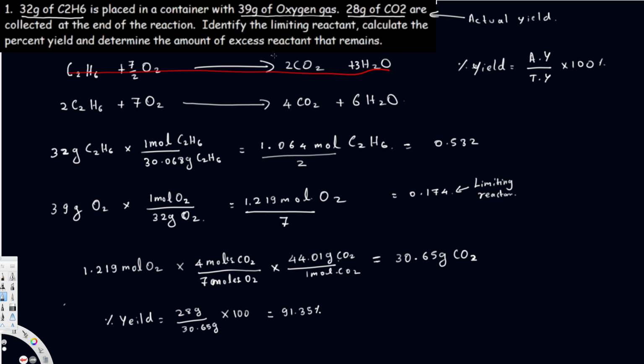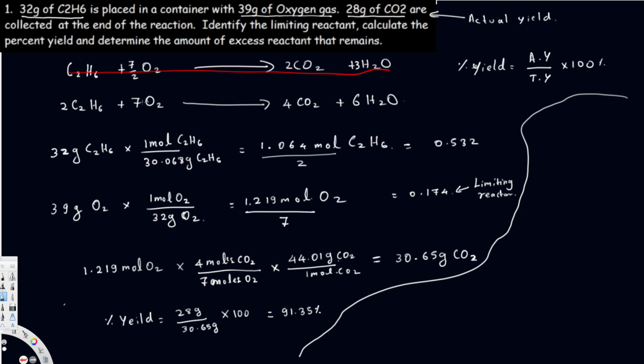Determine the amount of excess reactant that remains. Okay, so to find this, the first thing we have to calculate: here we know oxygen is limiting, so C2H6 is going to be the excess, right? We are using O2 and C2H6.